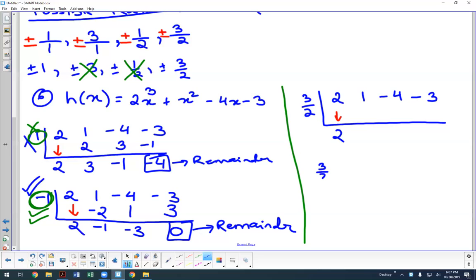It should be 3, yeah, because these guys will cancel out, giving us a 3. 3 plus 1 is 4. 4 multiplied into 3/2? 6. Yeah, very good. This 2 goes into 4 2 times. 2 times 3 is 6. 6 minus 4 gives us 2. What is 2 multiplied with 3/2 again? 3. 3, yeah.